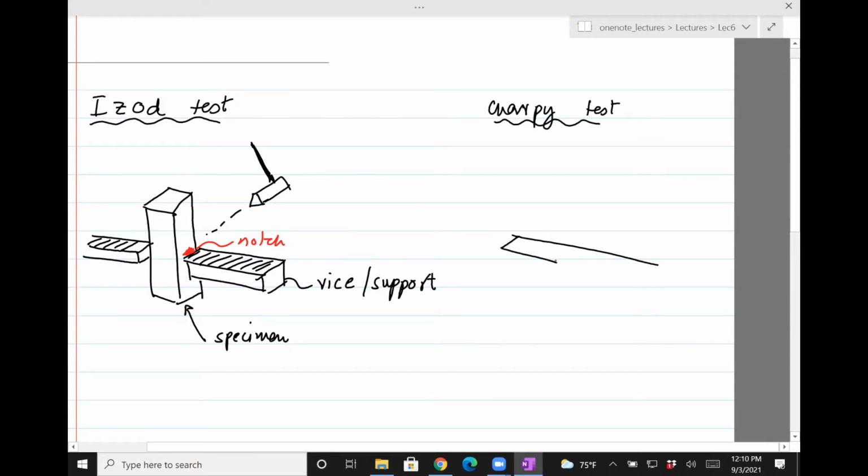Charpy, that's right. So same thing, this is put under a vise.